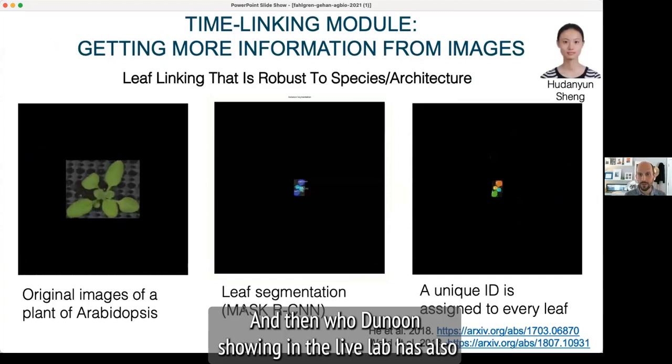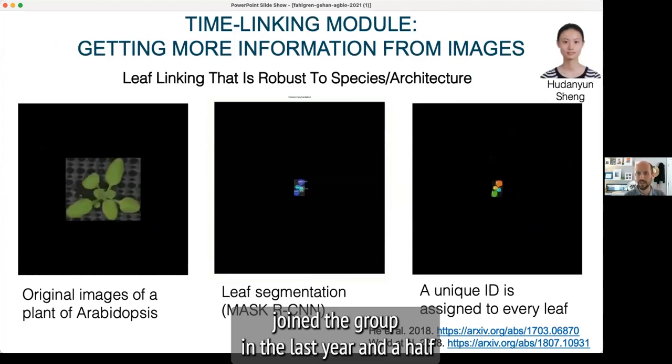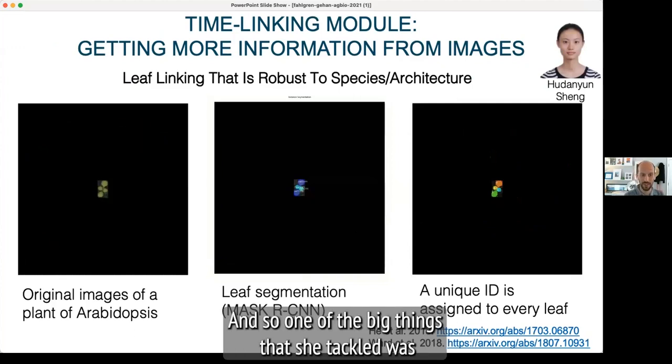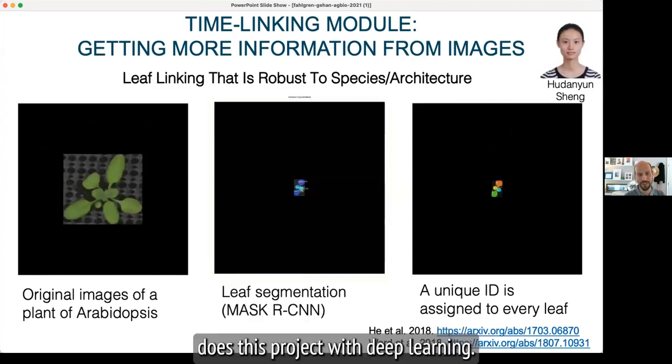And then Hudan-Yun Sheng in Malia's lab has also joined the group in the last year and a half, and has also made a ton of contributions to the project. One of the big things that she tackled was this project with deep learning.